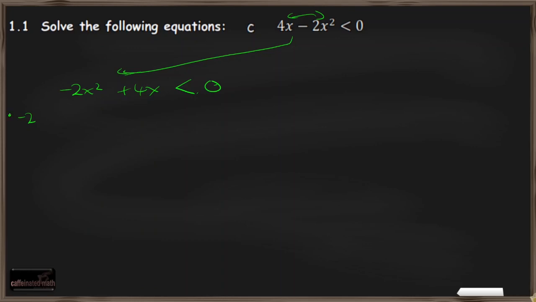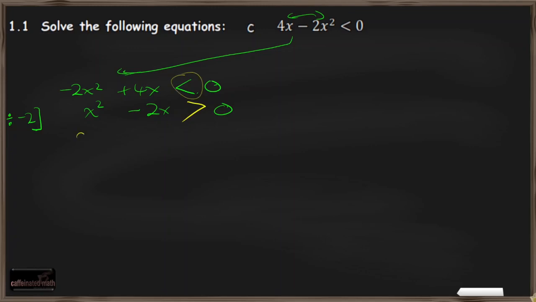Okay, so we're going to divide the entire inequality by -2, which means we'll have x squared minus 2x. We'll have a 0, but because we divided by a negative, the inequality will flip. It becomes greater than instead of having been less than.